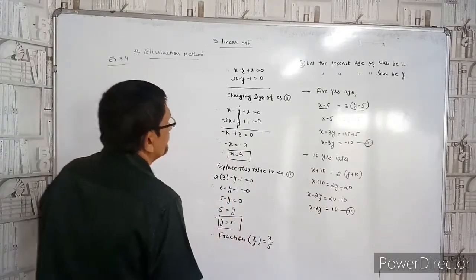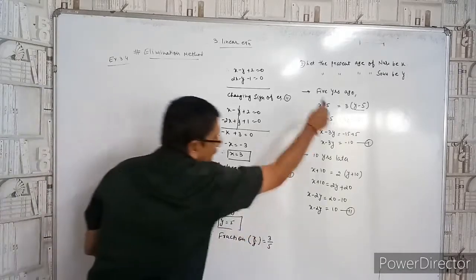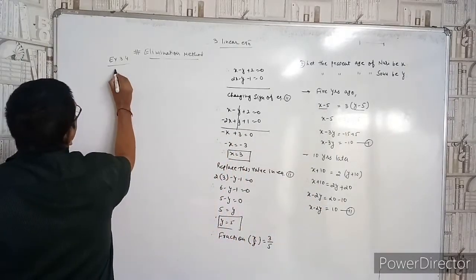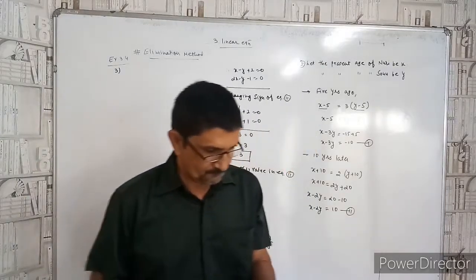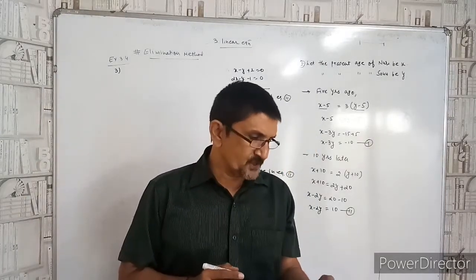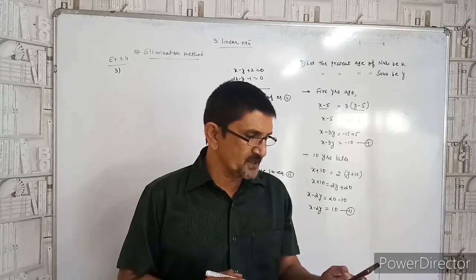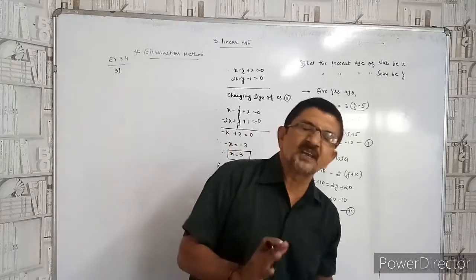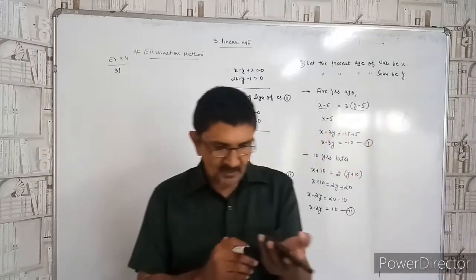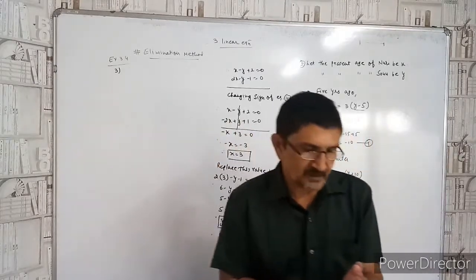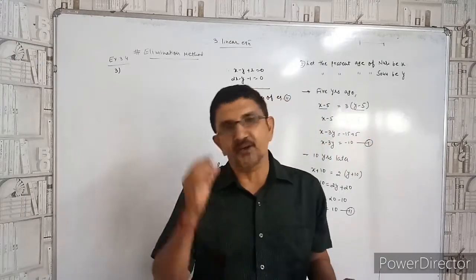Okay, third question. This is incomplete. The sum of the digits of a 2-digit number is 9. Now this question is most important because in the 4th chapter, later we have to discuss, there is a quadratic equation.